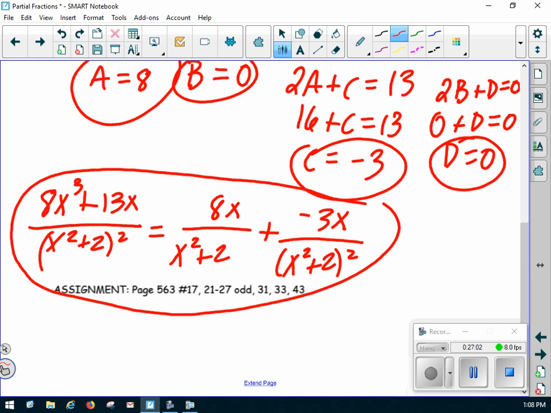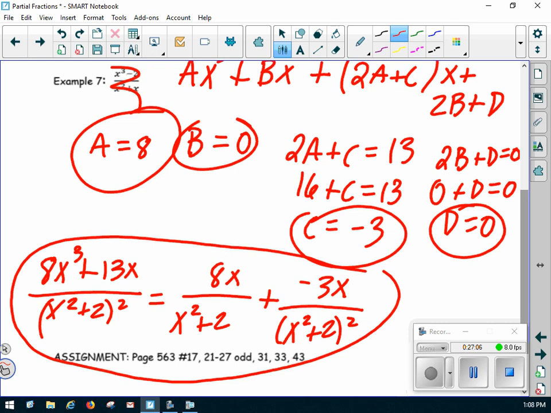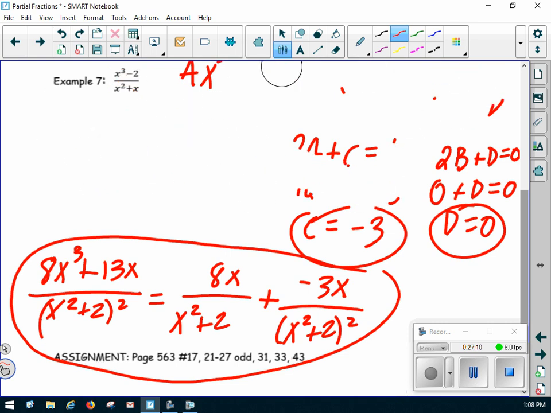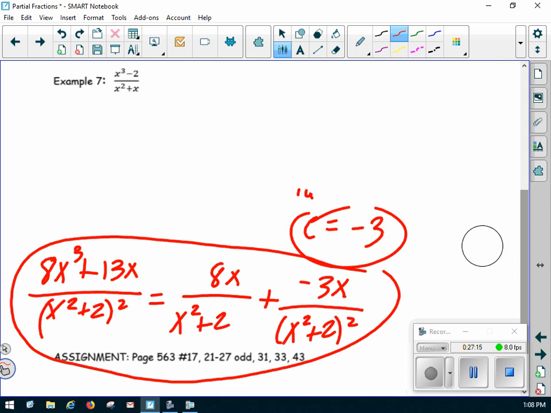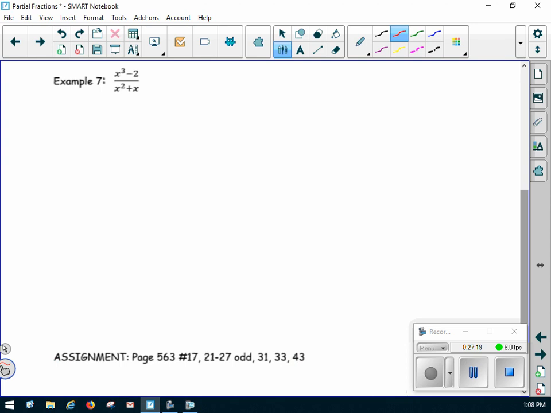Now, we're going to do one more real quick. Please write this down as your example 7. So you got x cubed minus 2. Go ahead and write this down as your example 7, okay? About halfway down.